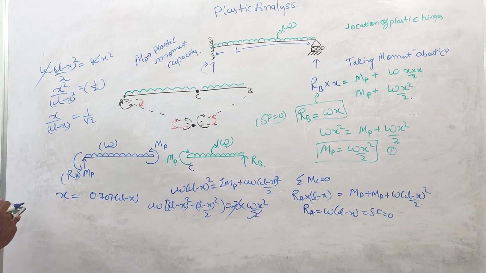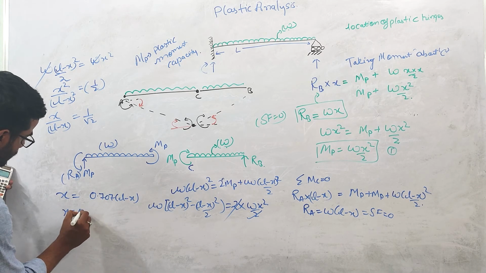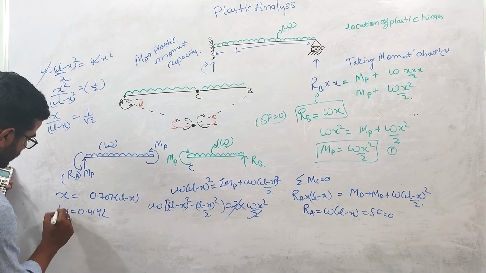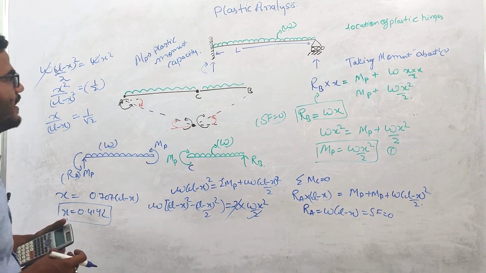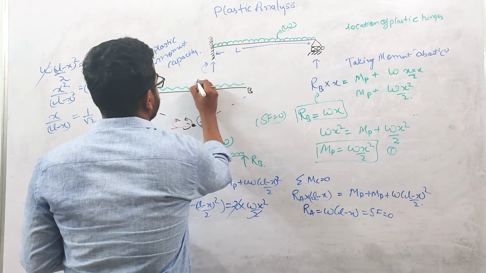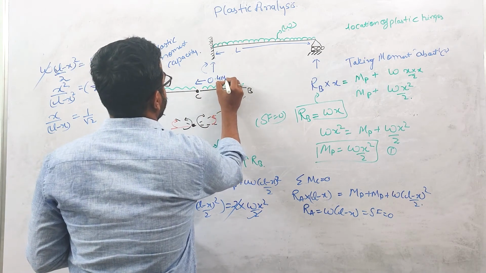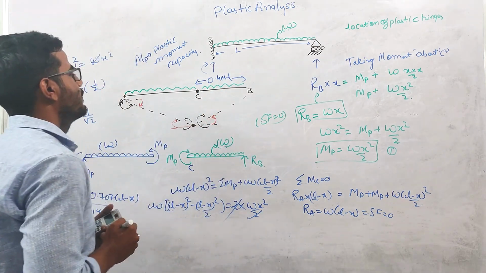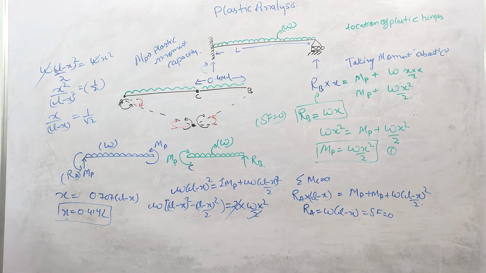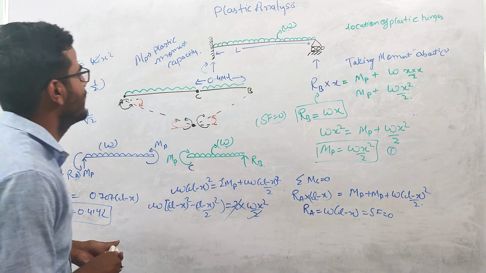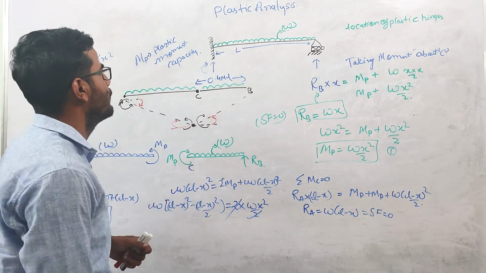If you calculate this, 0.707 divided by 1.707, so X equals 0.414 L. So the second plastic hinge will form at this point. So this is 0.414 L. This is basically the location of the second plastic hinge, which is at a distance of 0.414 L from this point B.